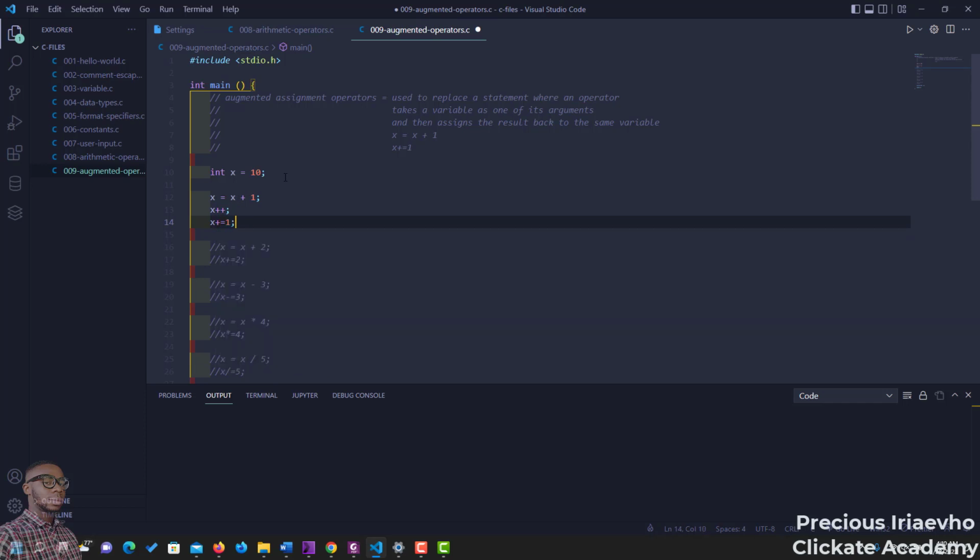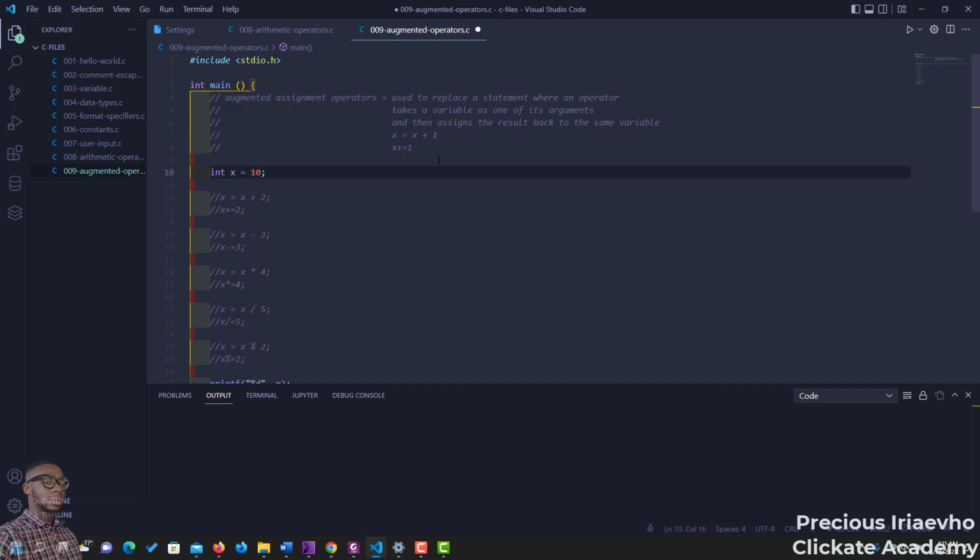As you can see, the three of them are the same thing. The first one is your normal assignment operator. The second one is your incrementer by 1, and the third one is the augmented assignment operator that we are dealing with in this video.